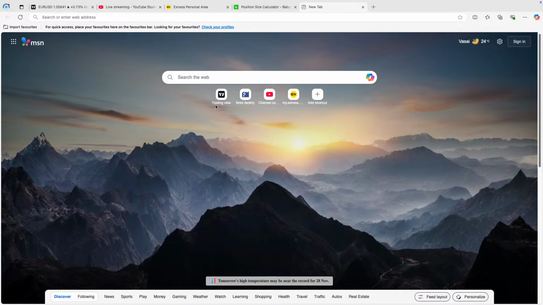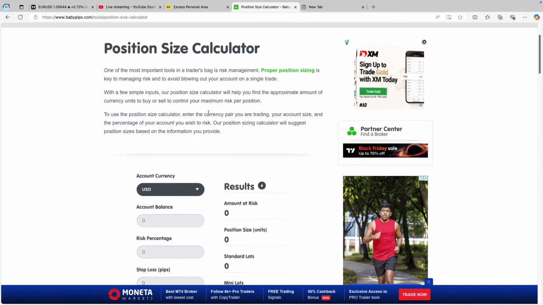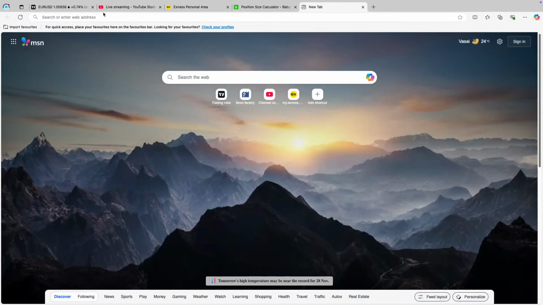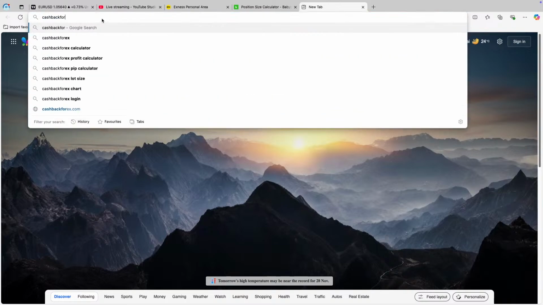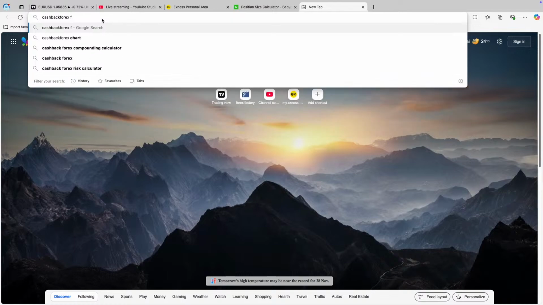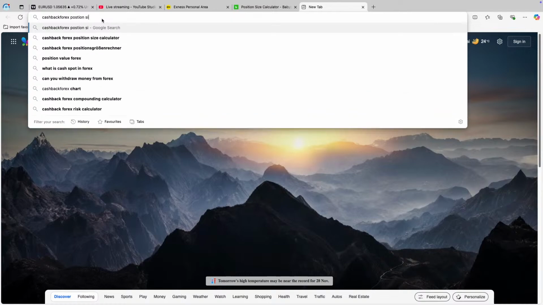It's working, I think. And then VB puts is fine, but I need something else. There was a different website for cross pairs as well, where I can calculate it easily. And it was, I think, cashbackforex.com, the Forex position size calculator.